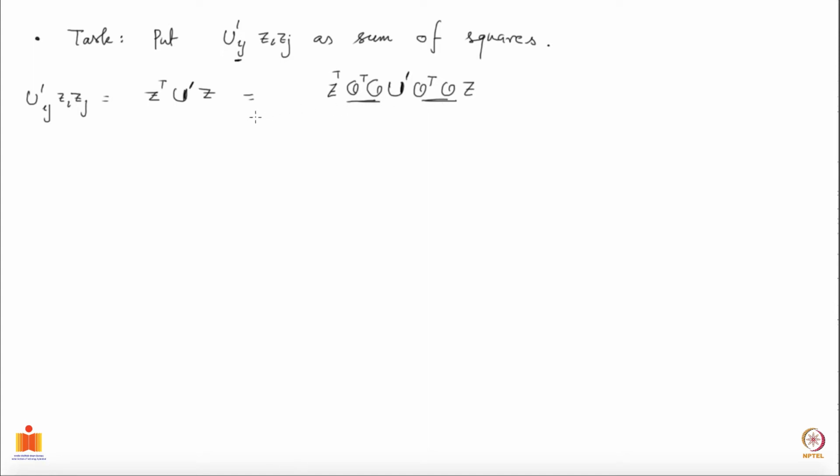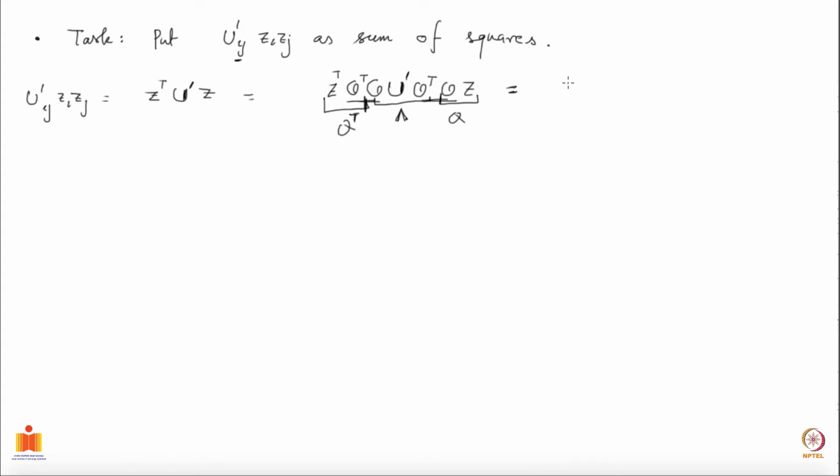Now, this O is the one which diagonalizes. So this matrix here I will call lambda, and lambda will be a diagonal matrix. And this quantity I will call Q, and this then becomes Q transpose.